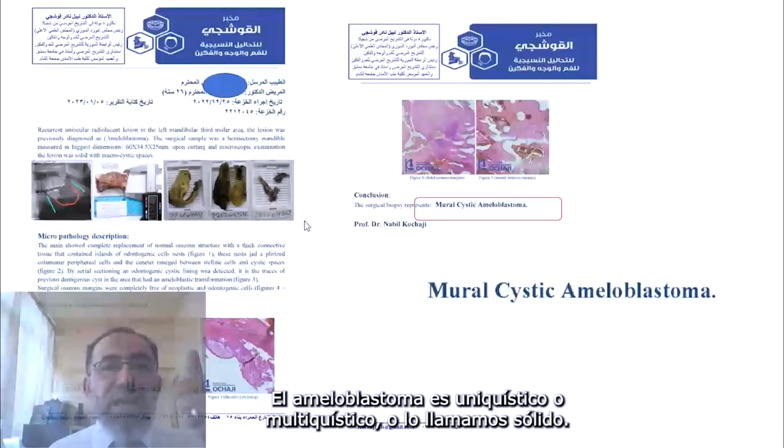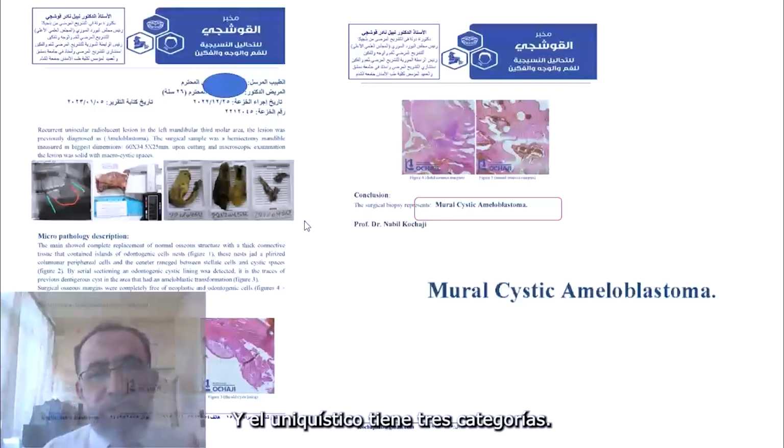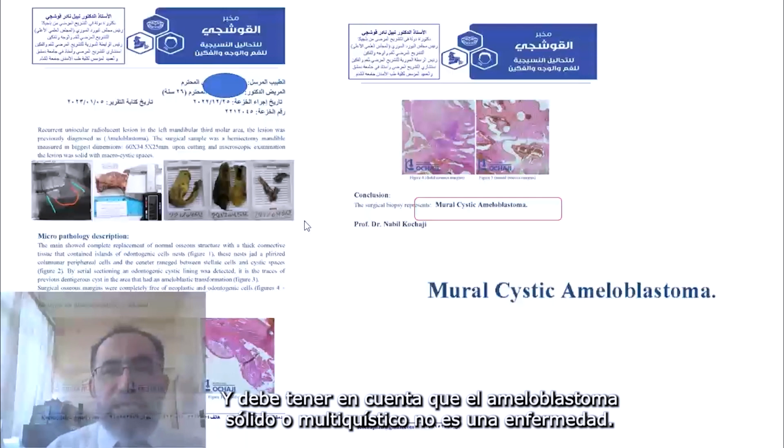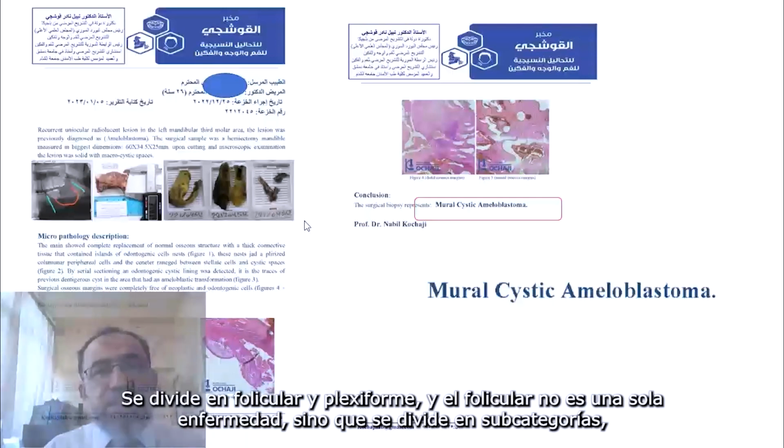Ameloblastoma is either unicystic or multicystic, or we call it solid. And the unicystic has 3 categories. The worst of them is mural, and you should know that solid or multicystic ameloblastoma is not one disease. It's divided into follicular and plexiform. And follicular is not one disease, it's divided into subcategories.